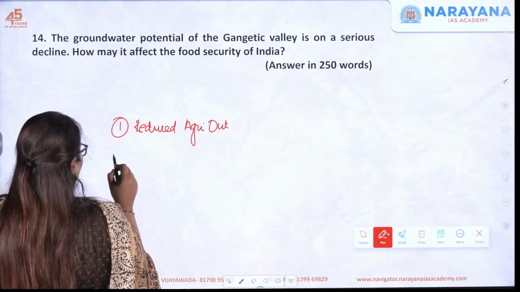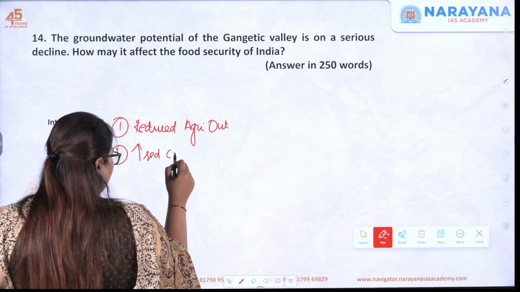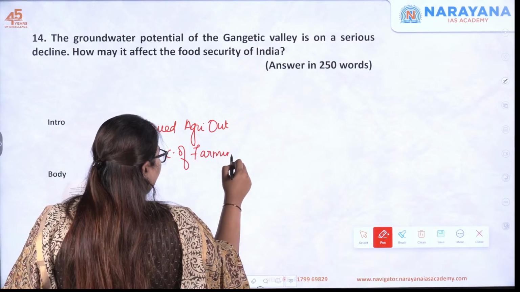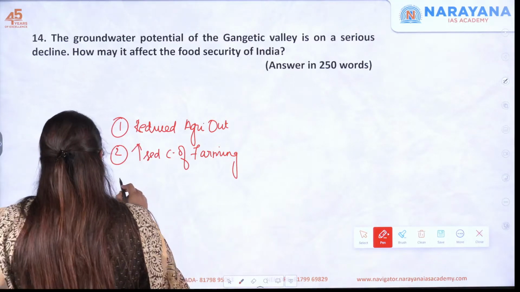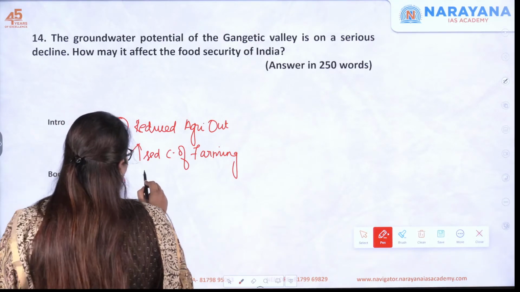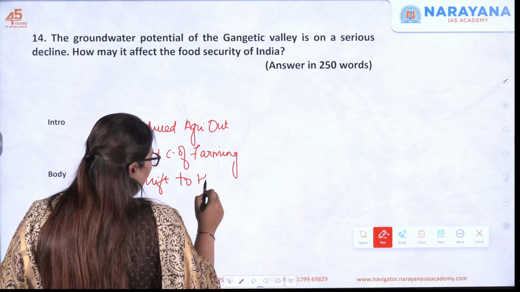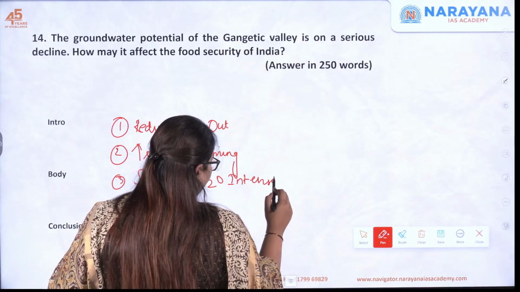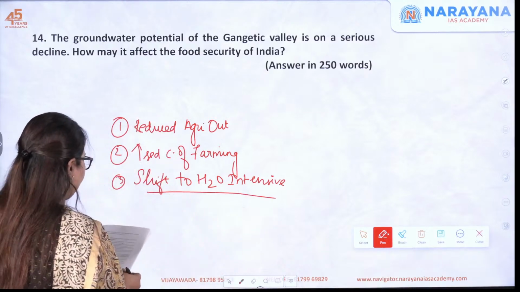The next is going to be increased cost of farming, because they have to dig deeper wells to actually extract water for your crops. The next one can be, there has to be a shift to water intensive crops. So this can be an impact on India's food security.